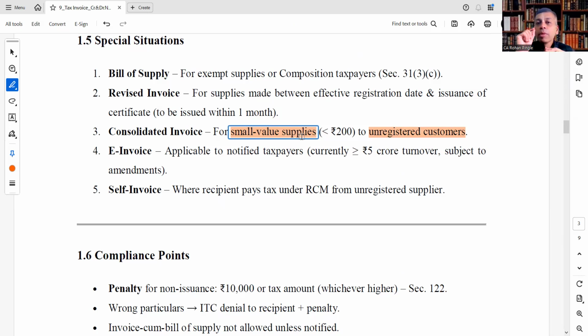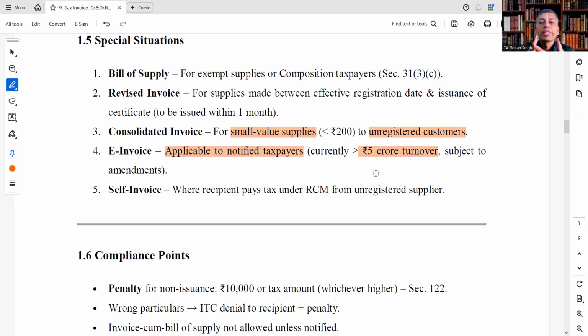E-invoice applicable to notified taxpayers, and currently the turnover limit is more than or equal to rupees 5 crore, subject to amendments.